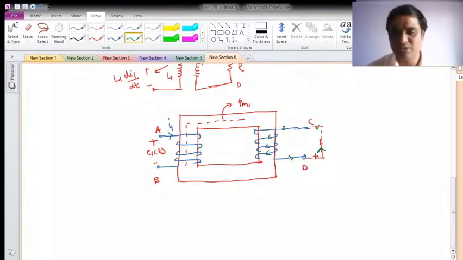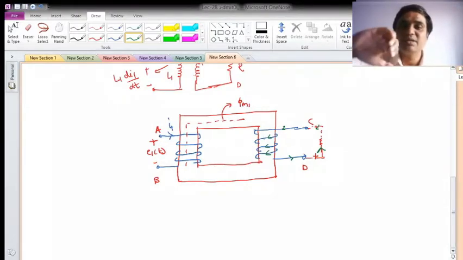Now if these are the directions of current, then what will happen? Due to the flow of current, obviously there will be flux produced, right? And the direction of flux can be decided using our right hand thumb rule.